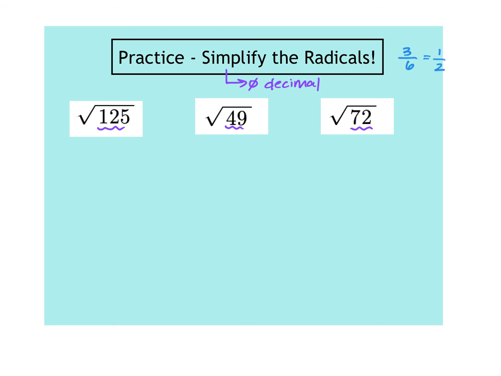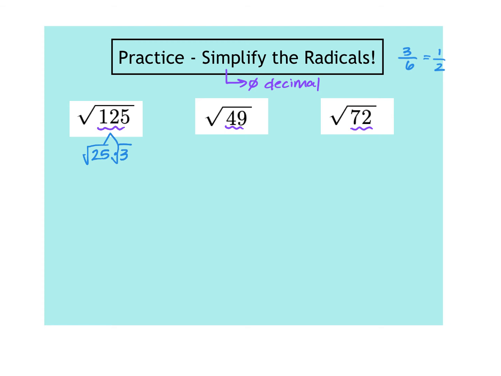Now, in order to simplify these radicals, I'm going to try to break them down into factors. So I'm going to try to find two numbers that multiply together to get to that number underneath the radical. Okay. So for 125, there's a few different ways that I could break it up into factors. The factors that I want are factors that involve perfect squares. 25 is a perfect square, and so I'm going to break down 125 into the factors of the square root of 25 and the square root of 5.